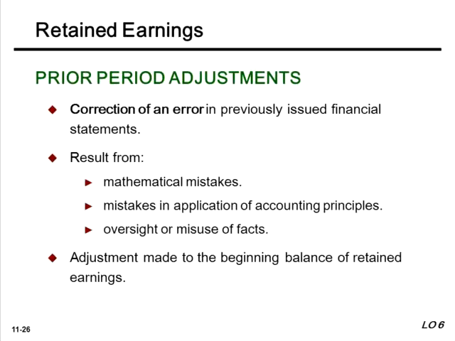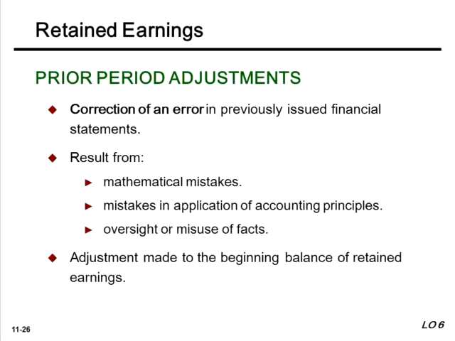So the error could have been a mathematical mistake, a mistake in application of accounting principles, oversight, or misuse of facts. So instead of going back and redoing the financial statements, the way this is handled is through an adjustment made to the beginning balance of retained earnings.